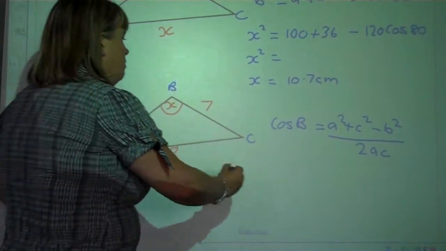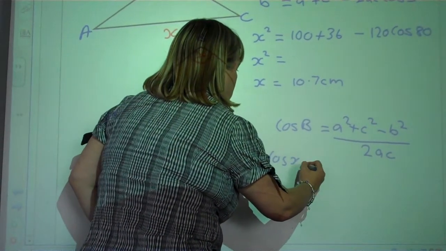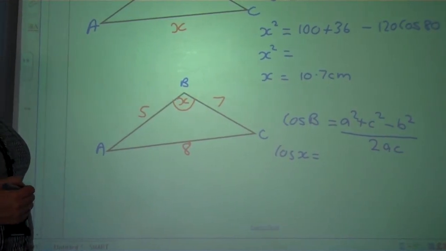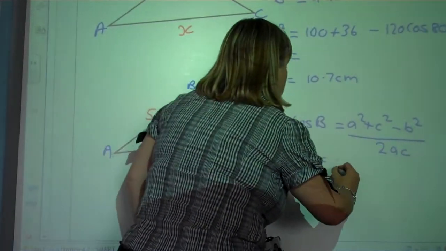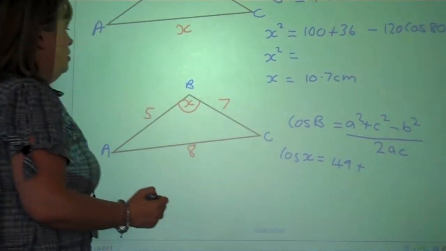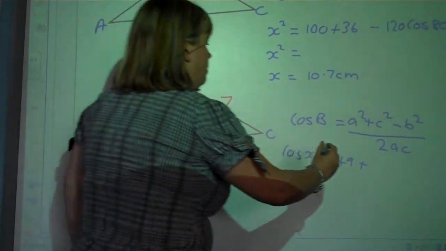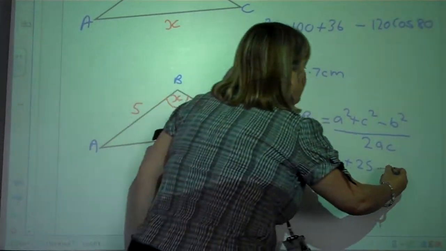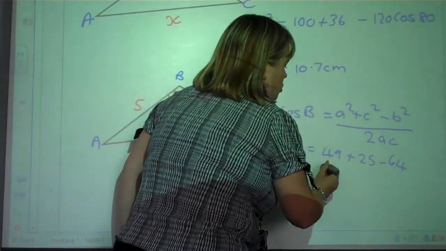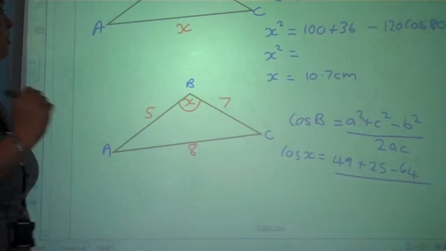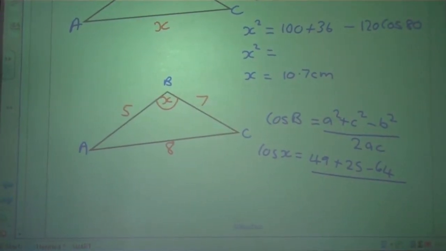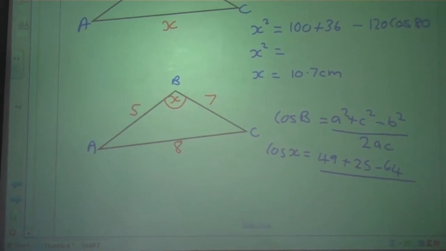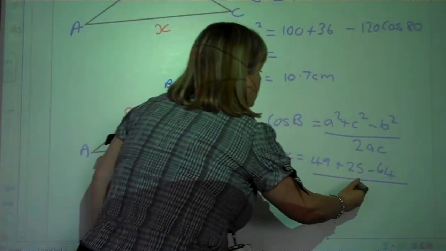Okay, so I've got cos x equals 49 plus 25 minus 64. And if you don't get these numbers the right way round, you'll get your whole answer wrong. 2 times A times C, 70.